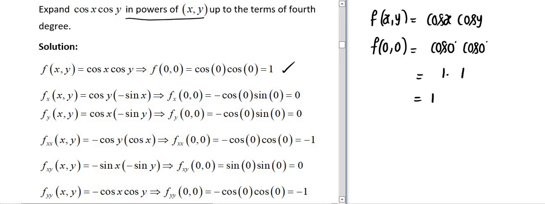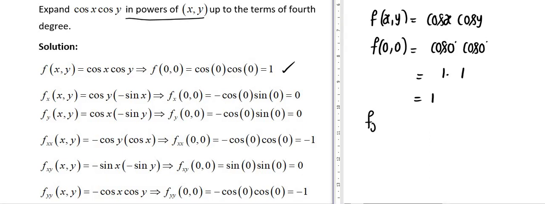Next, we want to find the first order partial derivatives, that is fx. fx means dou by dou x of f. Here we are differentiating with respect to x, that's why cos y is constant.